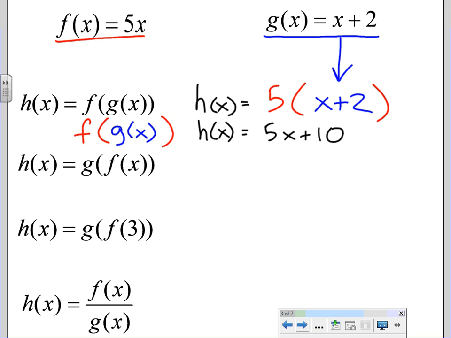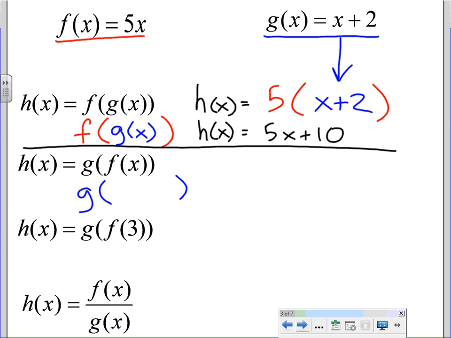All right, so let's take a look at the next example. Okay? So when I see g of x, I really see g of input. And what's being inputted this time? F of x. Okay? So function f is being inputted into g. So when I see this, let's start with the right notation. H of x is equal to input plus 2.